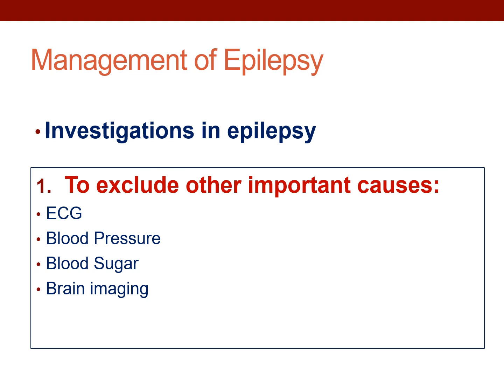You have to exclude hypoglycemia. You have to exclude cardiac reasons, and that's why nowadays the first thing you do for a patient is an ECG, not an EEG, an ECG. And then you may do a brain imaging depending on whether you feel this is necessary or not.